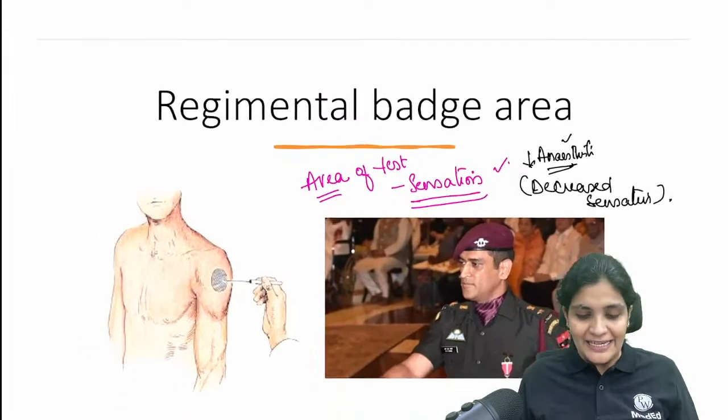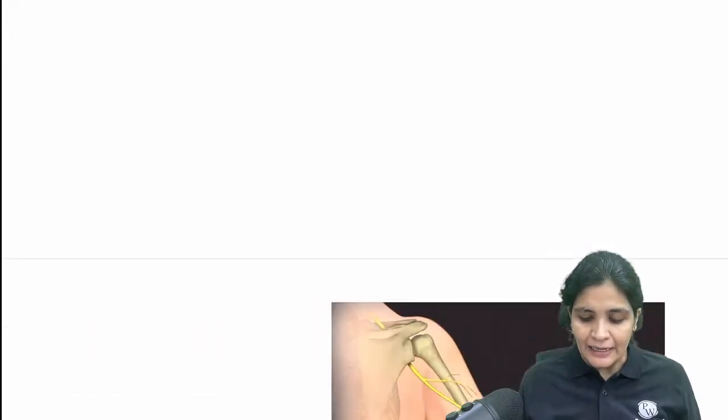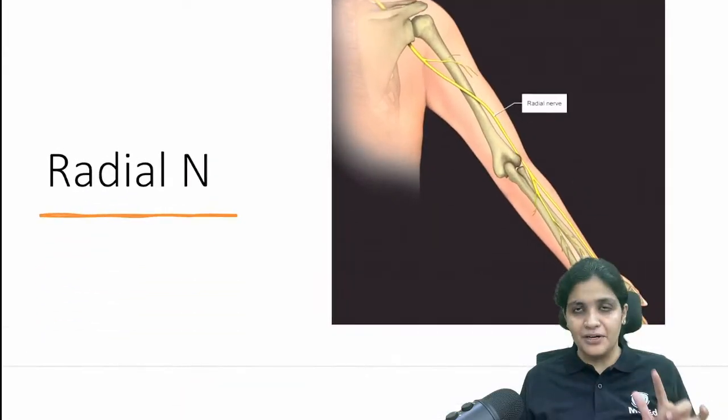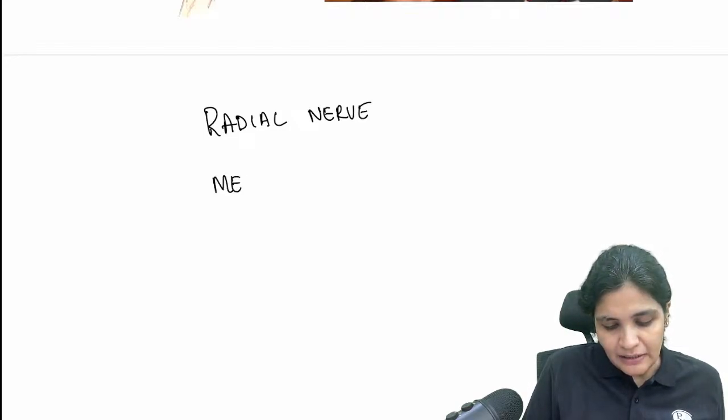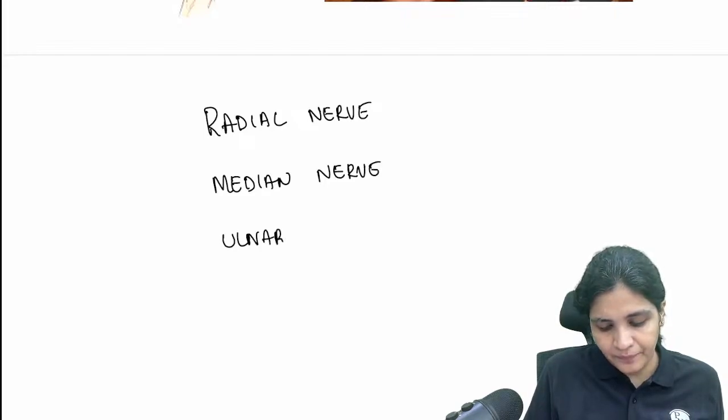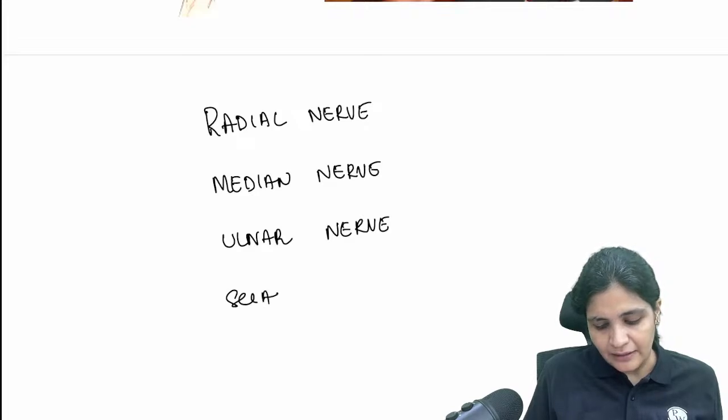So that is about the axillary nerve. And then coming to your favorite important nerves which you have to deal with. The first one is your radial nerve. Second one is the median nerve. The third one is your ulnar nerve. And the fourth one is the sciatic nerve.